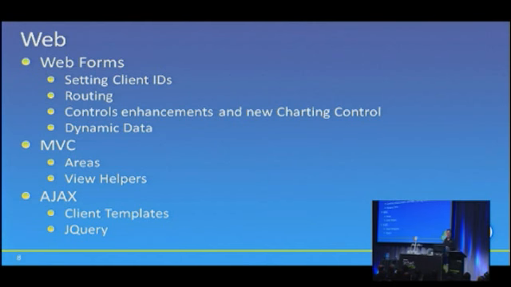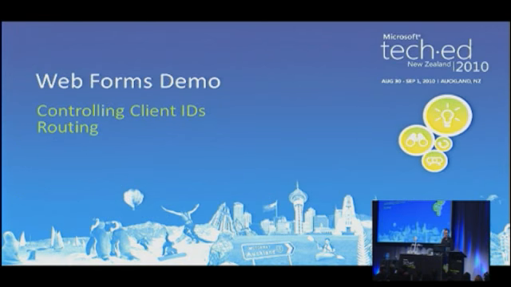There are also various control enhancements, a new charting control, and support for dynamic data that's been rolled into the .NET 4 framework. In terms of MVC, MVC version 2 comes out with areas and view helpers, as well as lots of other little features and tweaks. And the Ajax library now allows for client templating, and jQuery is now bundled in with all your projects. Okay? So now it's demo time.